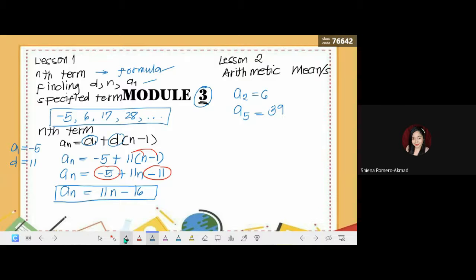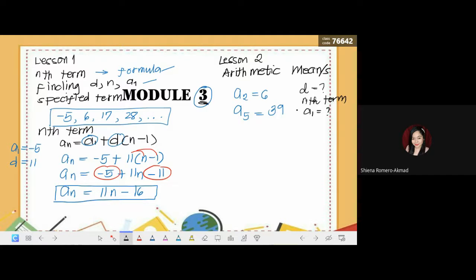Ang papahanap sa inyo dyan, pag ganyan yung sitwasyon, dalawang non-consecutive terms ang binigay, probably ang pinapahanap dyan, yung difference, yung n term, or n, and term, at saka yung a sub 1. Okay?